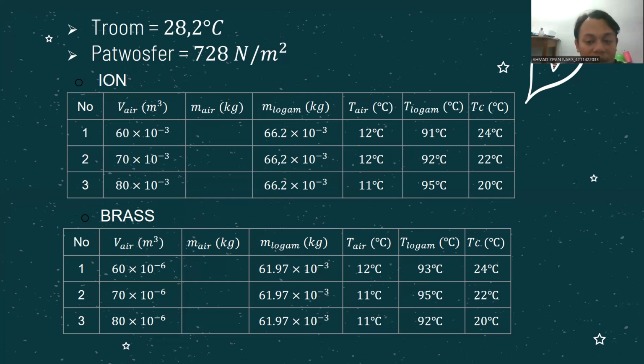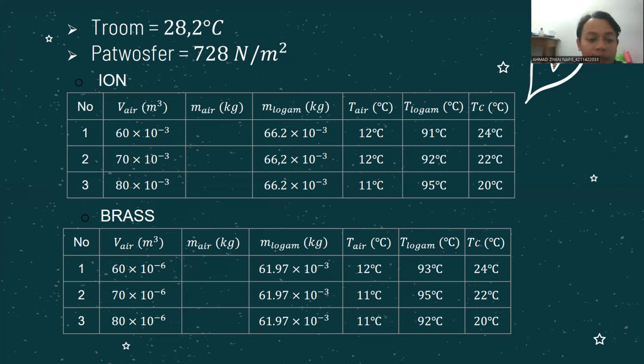And temperature of water 12 degrees Celsius, temperature of metal 91 degrees Celsius. And so that the temperature of the mixture is 24 degrees Celsius.